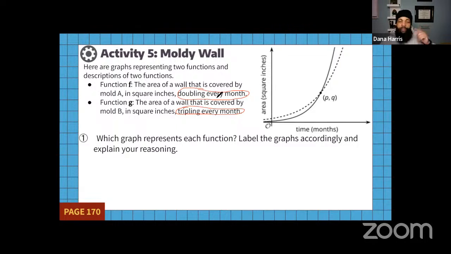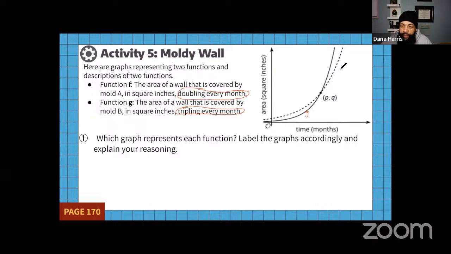So the first one is doubling. That means it's multiplying by 2. Function g is tripling, so it's multiplying by 3. So the growth factor on function g is higher than the growth factor on function f, which means g would have to be here, the solid line.